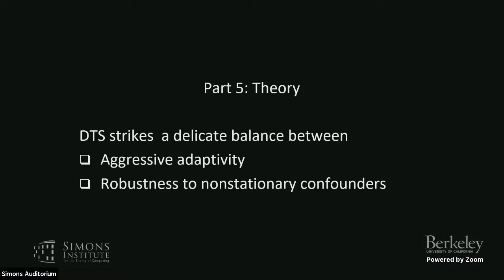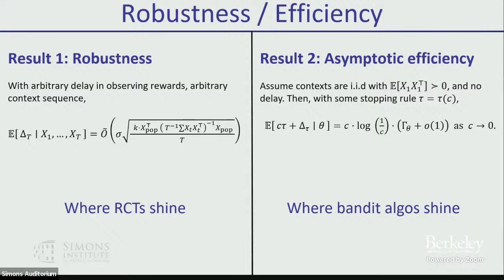Now, in some ways, that part is about saying that if the problems are really hard and all you could do is run a randomized control trial, Thompson sampling will, in some sense, do as well as that. So the result on the left is a kind of robustness result.